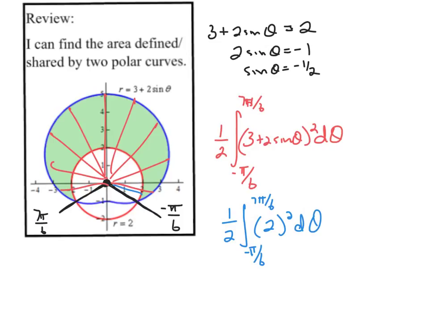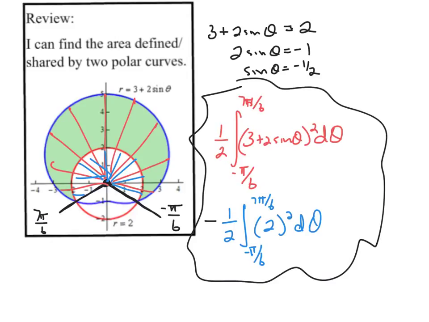And that will give me this. And I will simply subtract those two, and that will give me my answer. And if you type that in, I believe the answer is close to 24. I'll let you type that in to make sure you can do that. But that is the way we would solve this polar curve area.